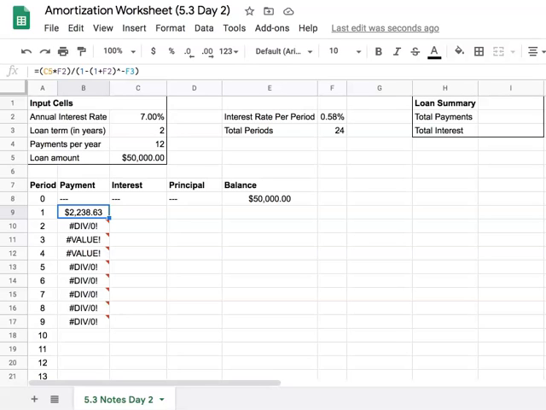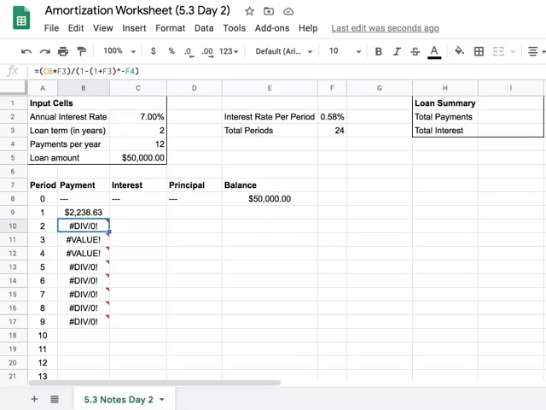So instead of copying this exact number down, it's going to try to use the cells that you put in, C5 times F2, but now it's going to shift everything down. So it's going to say, okay, this one must be C6 times F3 divided by 1 minus 1 plus F3 to the negative F4. That's not what you want.